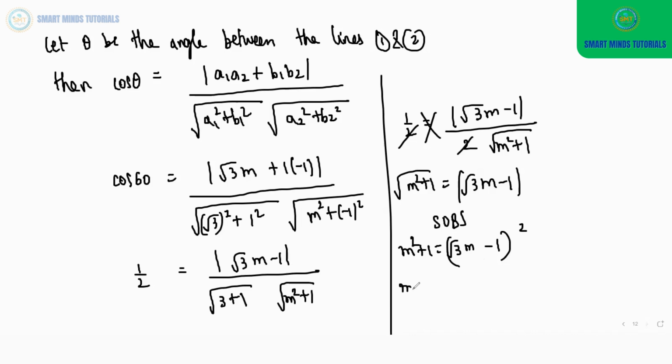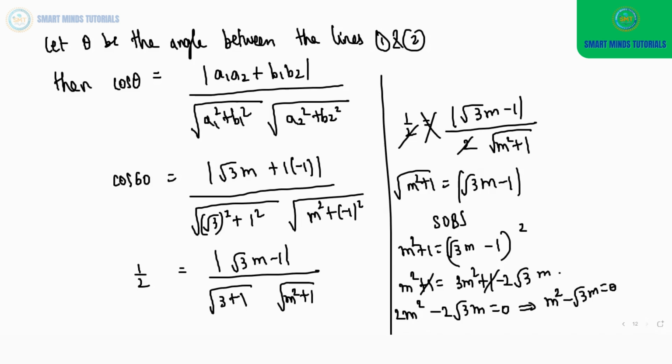So now if you open the brackets, you get 3m square plus 1 minus 2 root 3m. Now you bring all terms one side, plus 1 gets cancelled. You get 2m square minus 2 root 3m is 0. If we take 2 common, m square minus root 3m is equal to 0. If I take m common, m into m minus root 3 is equal to 0. So we get m is equal to 0 or m is equal to root 3.